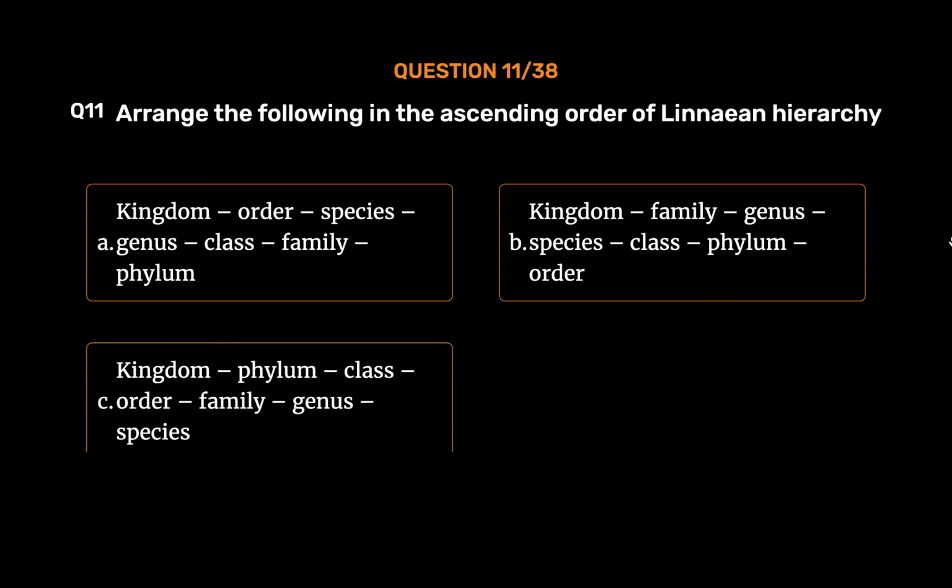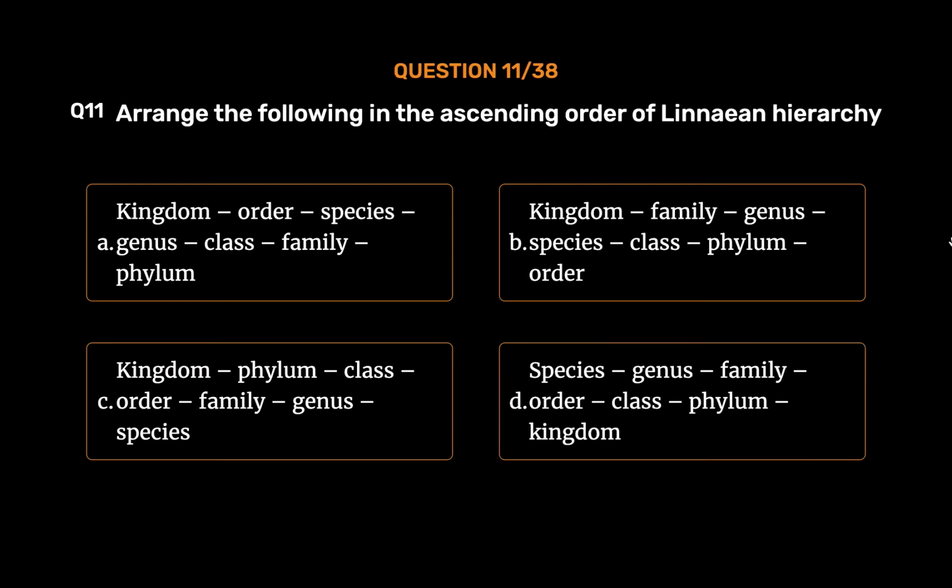Option C. Kingdom, phylum, class, order, family, genus, species. Option D. Species, genus, family, order, class, phylum, kingdom. The correct answer is Option C. Kingdom, phylum, class, order, family, genus, species.